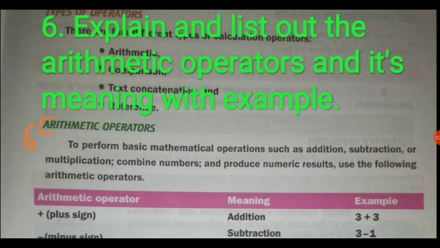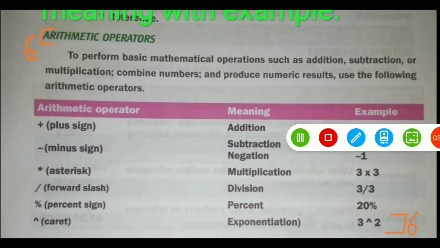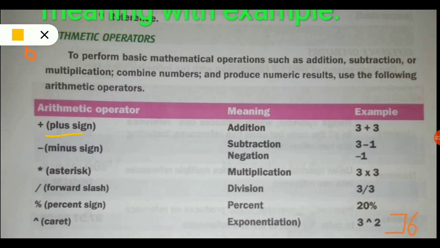Arithmetic operator. To perform basic mathematical operations such as addition, subtraction or multiplication, combine numbers and produce numeric result, use the following arithmetic operators. So arithmetic operator, its meaning and the example. You can give any example. First one is the plus sign, minus sign, asterisk, forward slash, percent sign, caret.